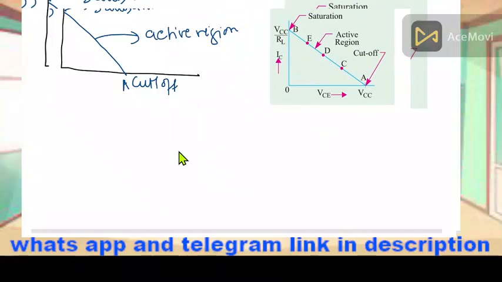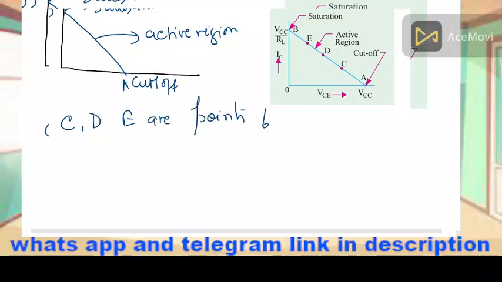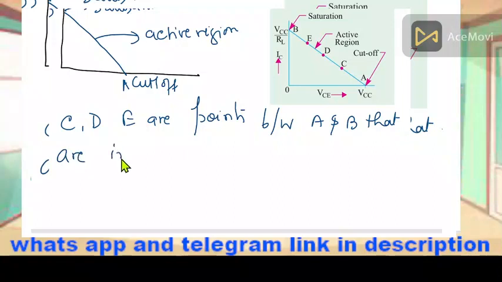This is the diagram. All the points C, D, E are points between A and B that are lying in the active region. And in these points we are interested because the transistor works as an amplifier when it is in the active region.